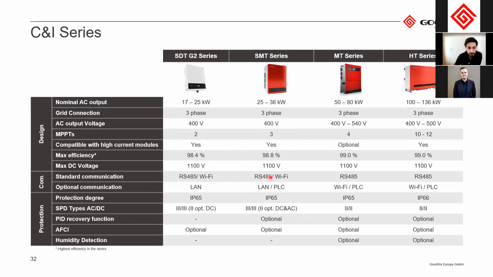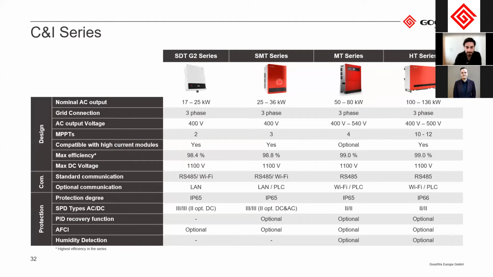Apart from the MPPTs and the output power, there are some minor differences, of course. The higher you go here, the more current they can handle. With the new high power modules, they have quite high current, and then you also need an inverter to handle that.